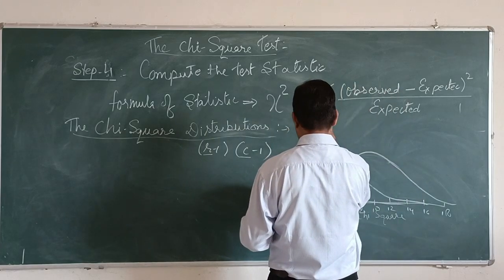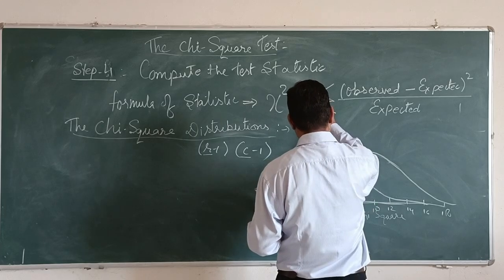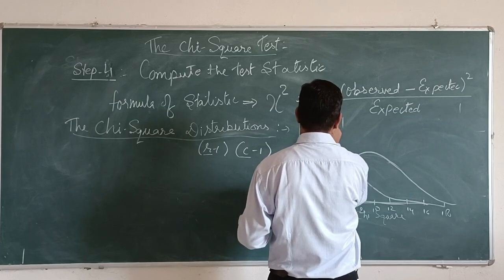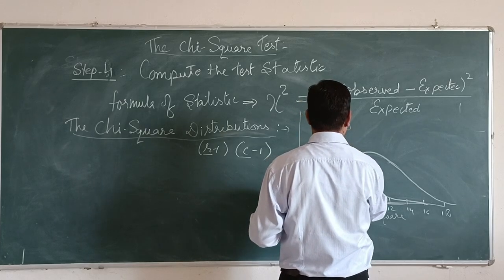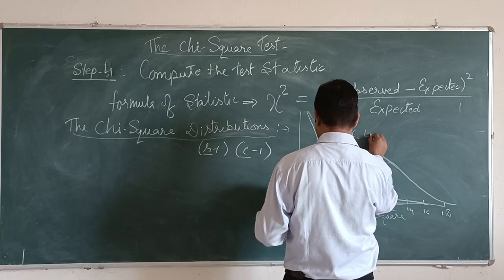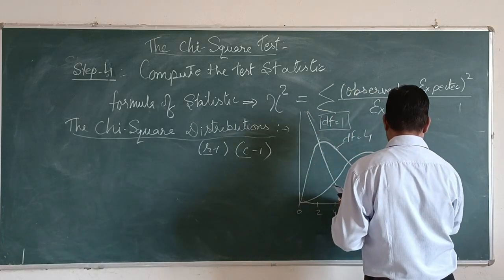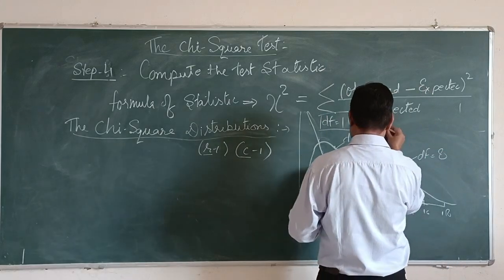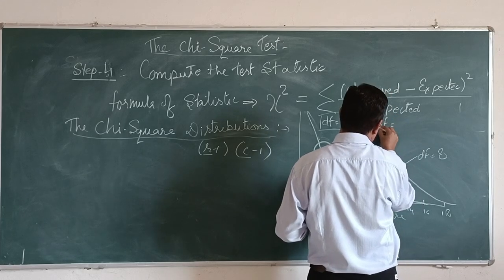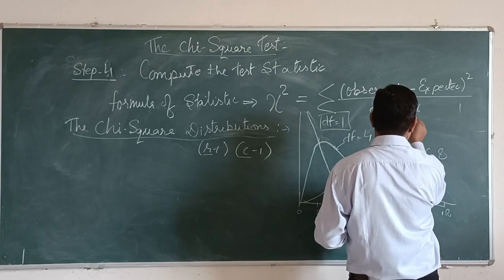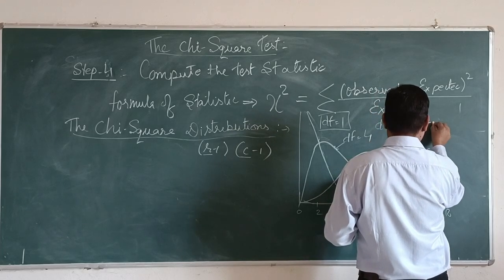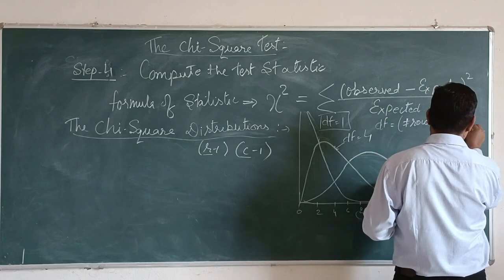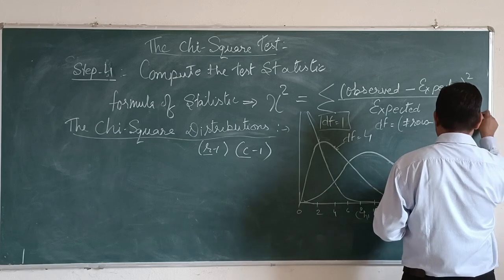These are the graphs. This one is for DF value 1, this one for DF value 4, and this one for DF value 8. Now, how can we calculate the DF value? The basic formula is DF equals row minus 1 times column minus 1.